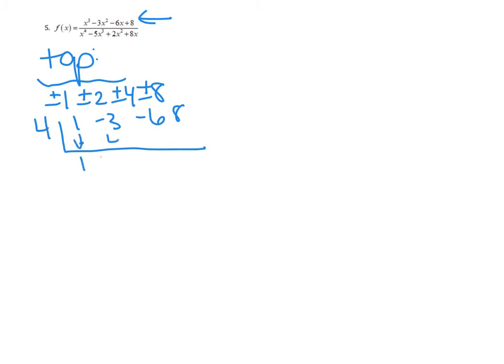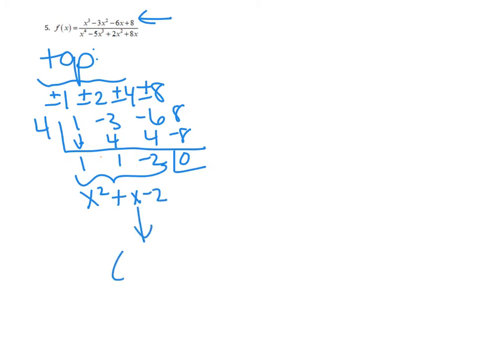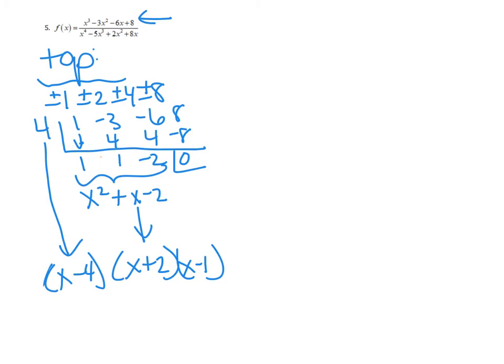It gives me 1, 4, 1, 4, negative 2, negative 8, 0. So I did find 1, and I'm left with x squared plus x minus 2, which factors to x plus 2, x minus 1, and then the 4 turns into x minus 4. So there's my top.